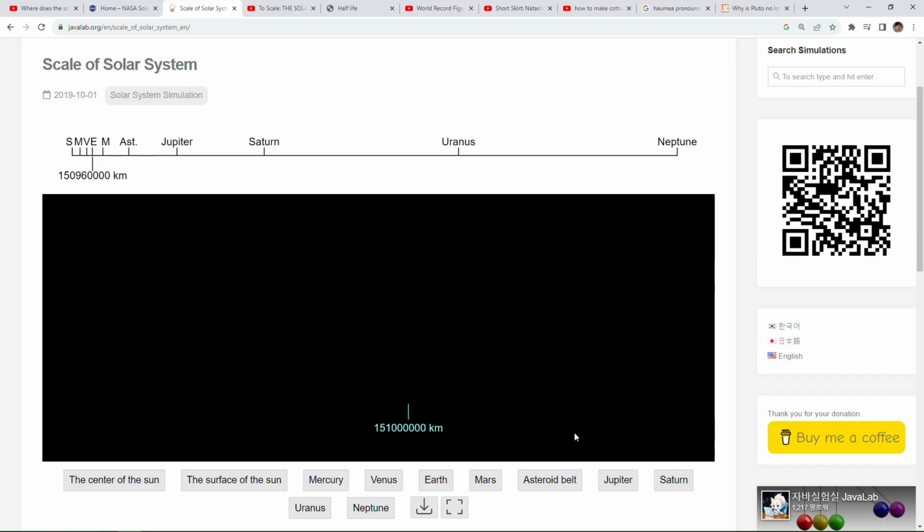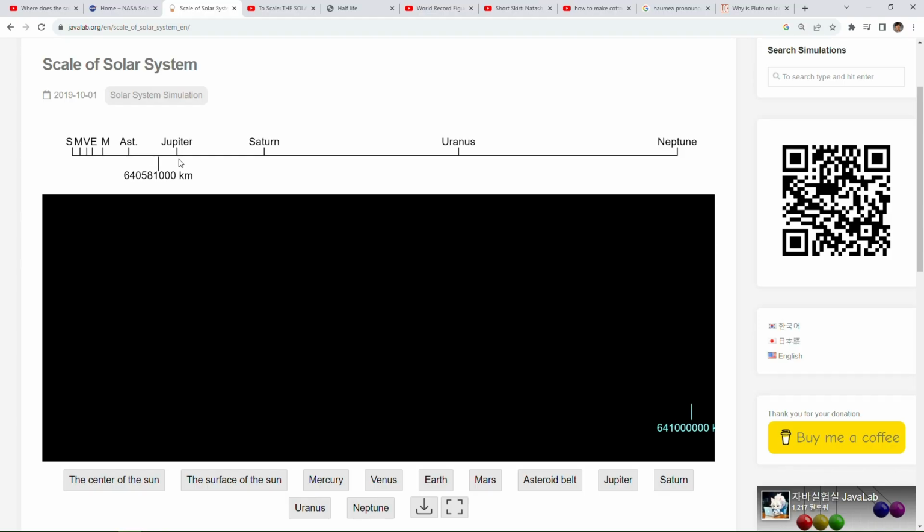You will see that the distance actually starts to fly. It's just like we send a spacecraft to Saturn. So we start to fly from Earth, then we pass Mars, and then we first pass the asteroid belt. And before we reach Saturn, we'll have to reach Jupiter first.